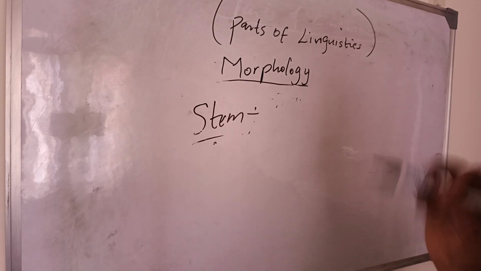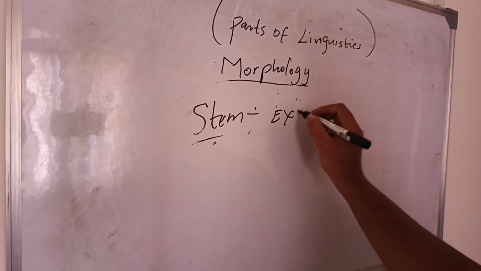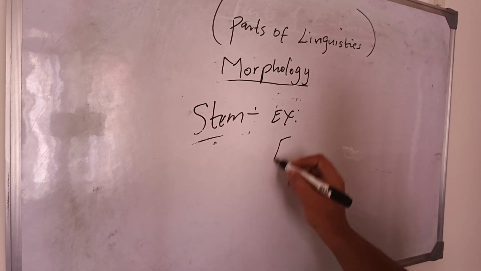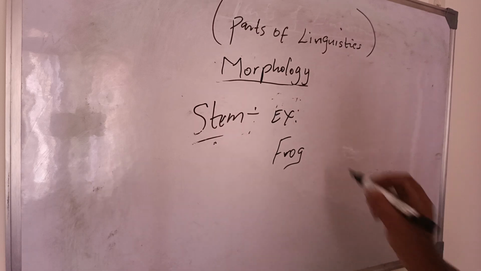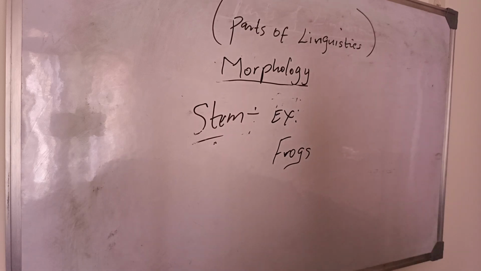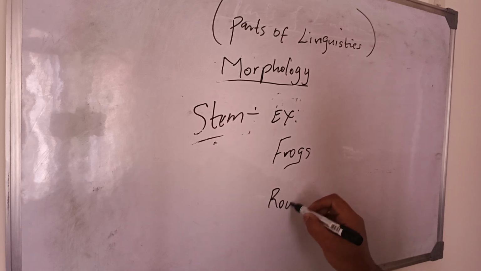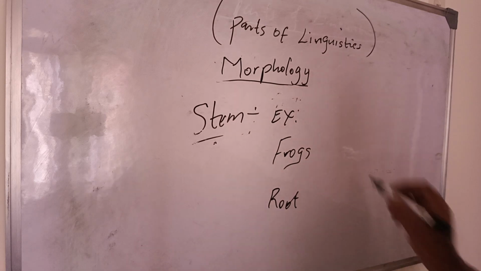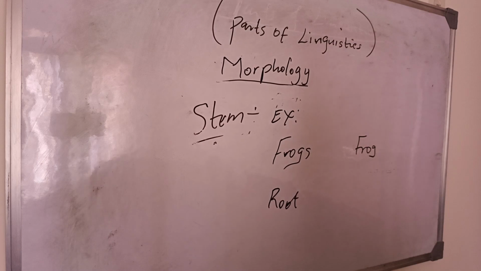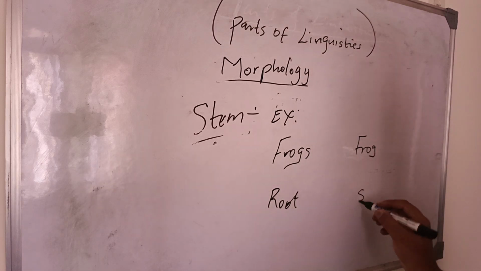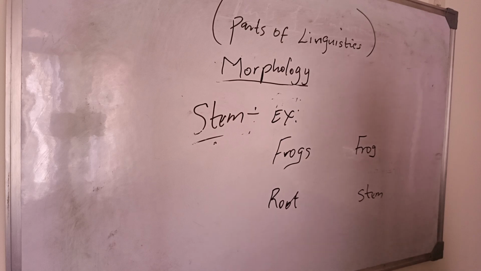Example. I'm using frogs. A frog, you say okay, is the root. Then frogs is the stem.